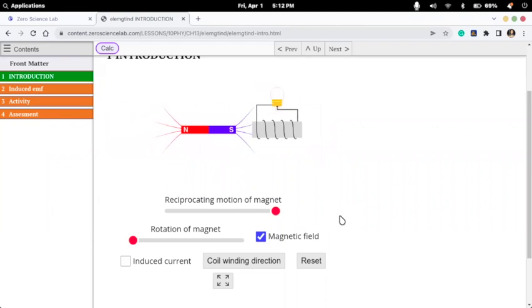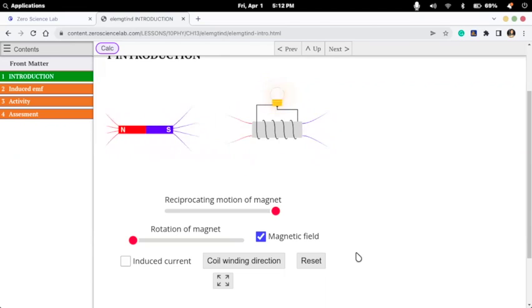But in the case of the electric motor, what were we doing? We were supplying some current through that coil, and the conductor carrying current was placed in a magnetic field. But we are not supplying any current now, right?